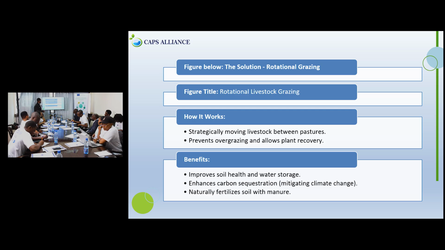So what are the benefits? Soil health and water, enhanced carbon sequestration, and natural fertilization of soil with manure, because as the animals graze around, they also leave behind dung and manure. But what do you mean by carbon sequestration?